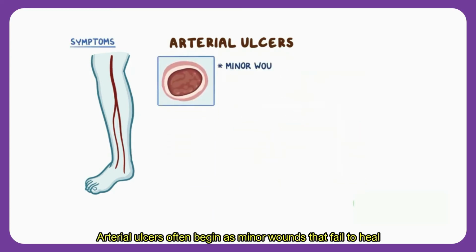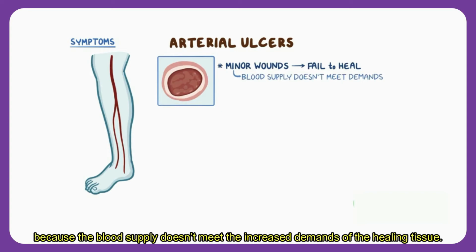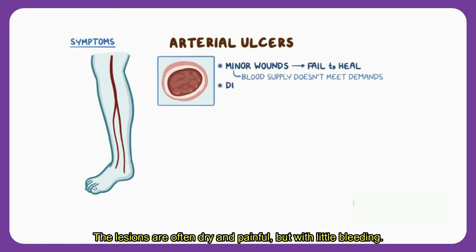Arterial ulcers often begin as minor wounds that fail to heal because the blood supply doesn't meet the increased demands of the healing tissue. The lesions are often dry and painful, but with little bleeding.